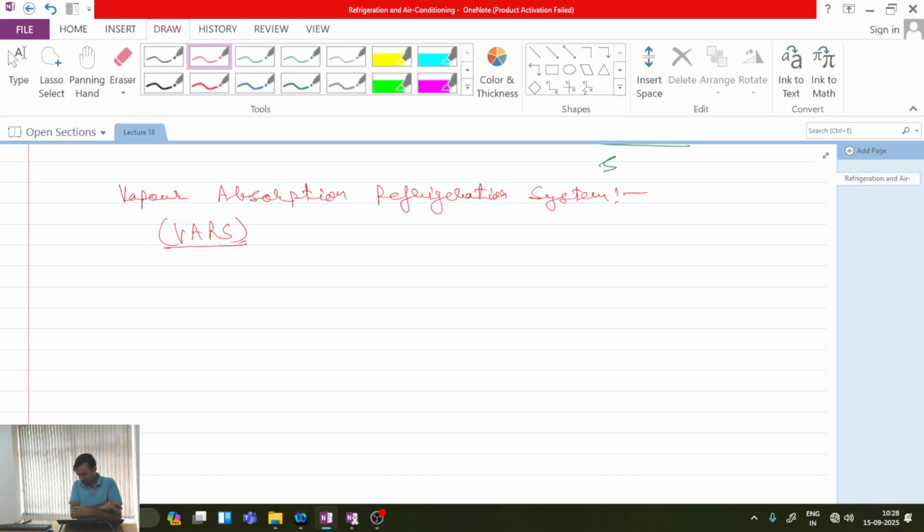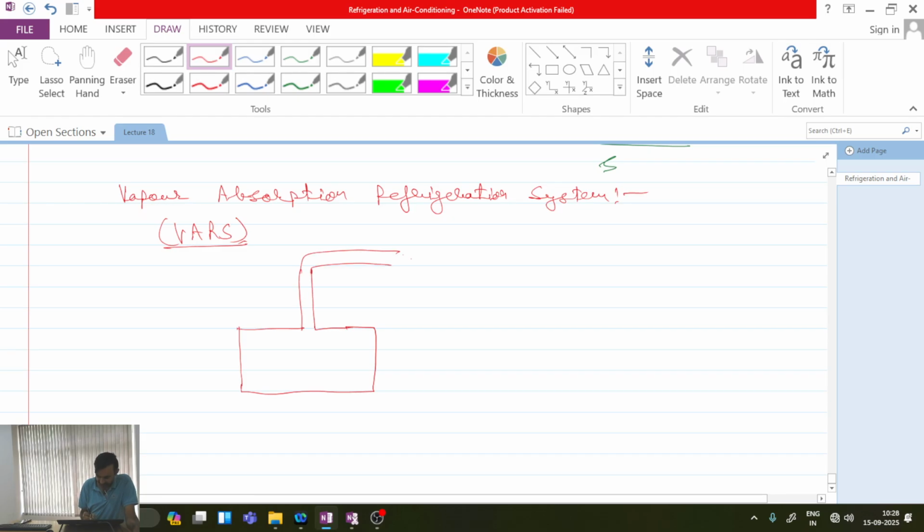Before going into the exact details of the vapor absorption refrigeration system, let us first discuss the fundamental concept which we will be utilizing over here. Okay, so let us consider I have two chambers. This is my one chamber. There is a valve between the two chambers, and this is another chamber.